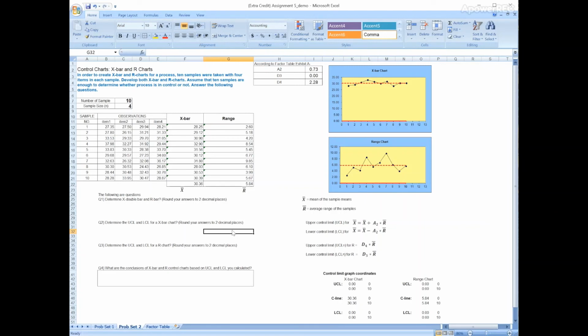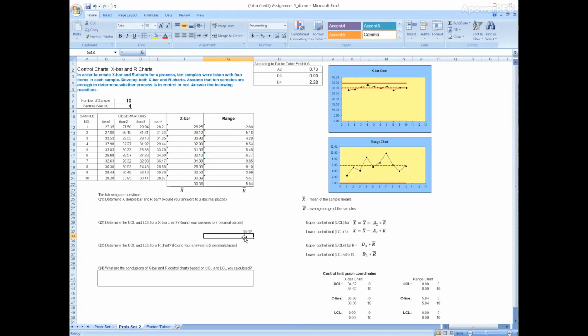Now, substituting the values in these formulas, the upper control limit UCL for the X bar chart is calculated by adding the average mean of the samples X double bar, which equals 30.36, and the product of A2 0.73 and R bar 5.84, which is 34.62.